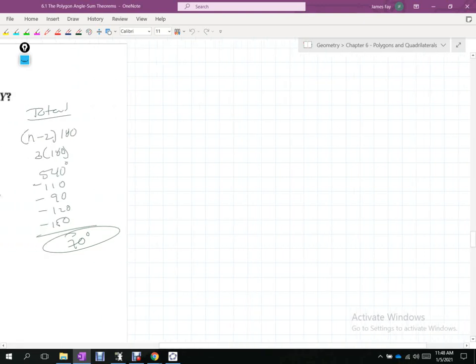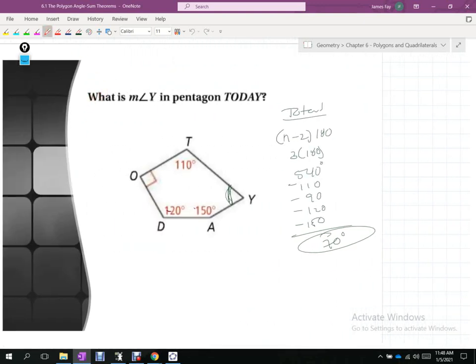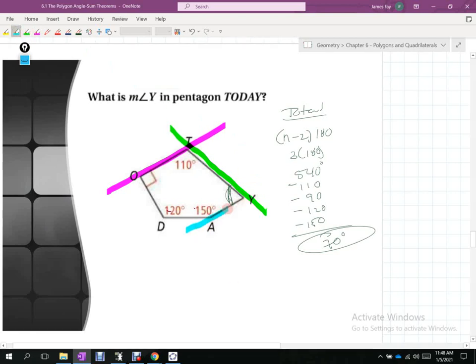Some polygons are convex, some are concave. Convex means that if we extend the sides, for instance, this one here, if I extend all the sides like that, and like that, and so if we extend those sides and none of those sides pass through the inside of the polygon, it is convex.